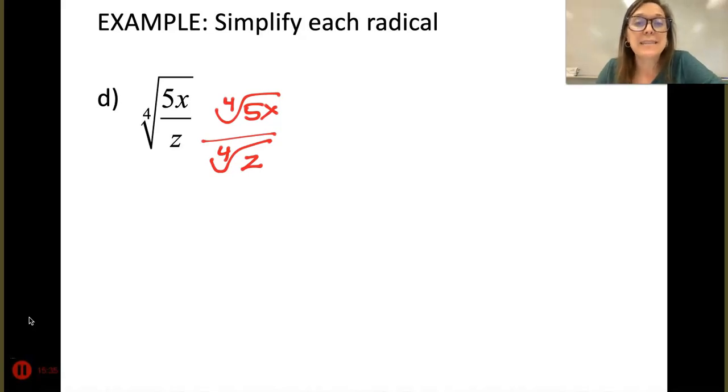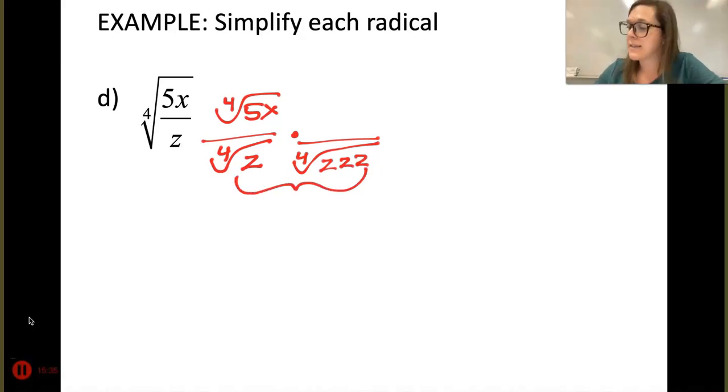So now my index is 4. So to rationalize my denominator, I currently have 1 z. So how many more do I need? I need 1, 2, 3 to get 4. So then when I combine all that together, I'm just left with a z in my denominator. What I do to the bottom, I must do to the top.